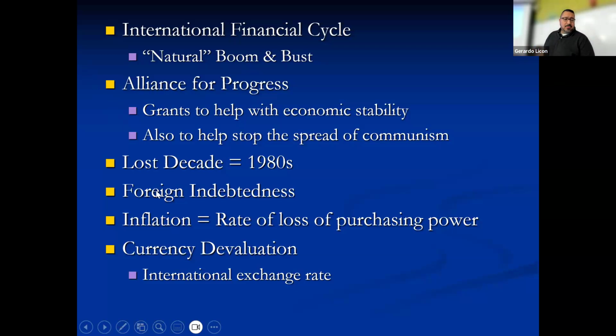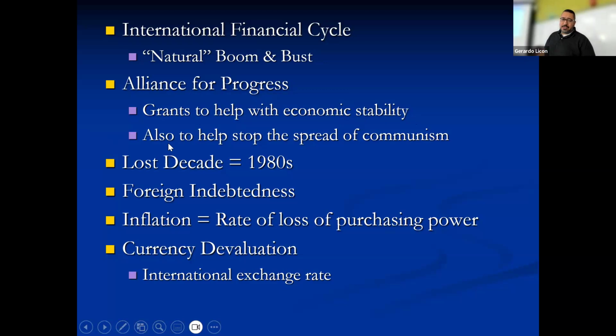In the 20th century, we're going to learn a few things about the 20th century. One of the big things happening in the 20th century during the second half was the Cold War. And so some of these things are connected to the Cold War. The Alliance for Progress, for example, was when grants were given to help Latin American countries to maintain economic stability.